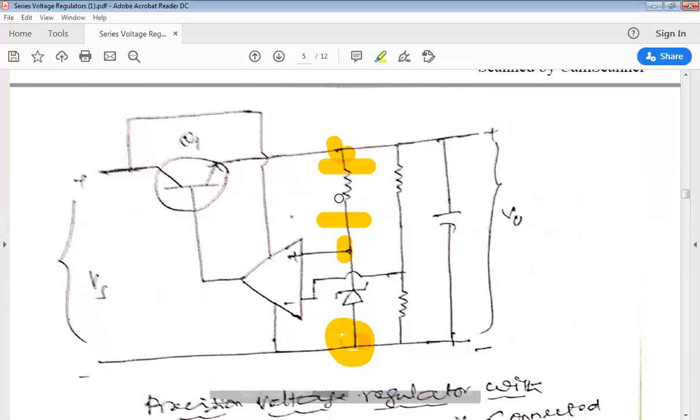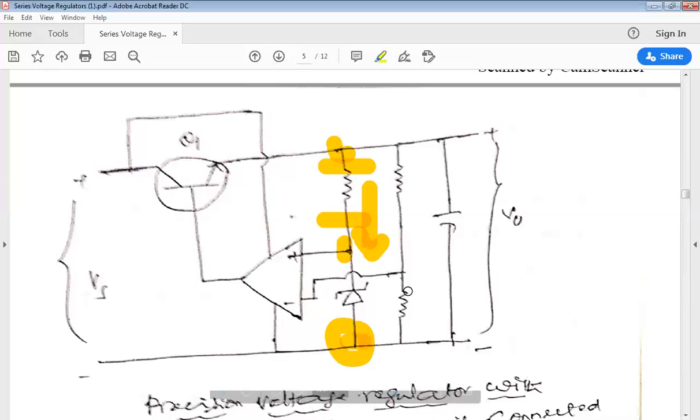According to Ohm's law, R is equal to V by I. What is the current flowing in this path? The current flowing in this path is IZ.